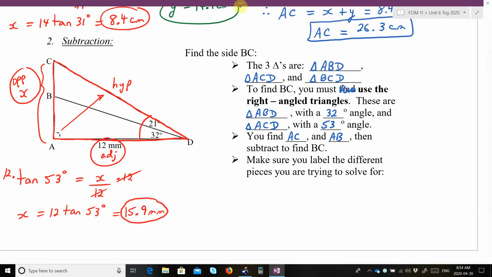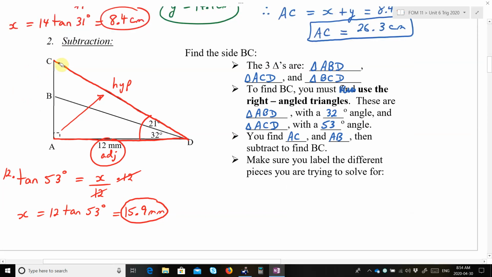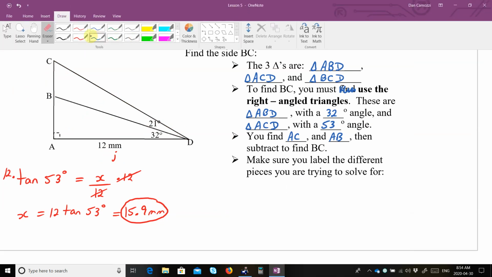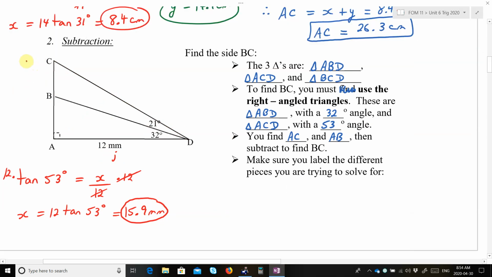And that's what we have for x. So now I'm going to erase all of this. So we just found that from C down to A, that is 15.9 millimeters.